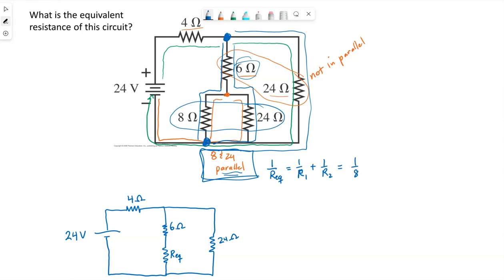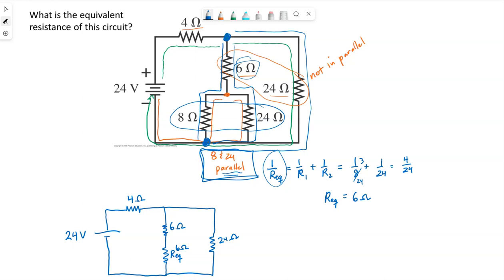So 1 over 8 plus 1 over 24. In this case, 24, that's 3, so 4 over 24. But again, with the inverse relationship, make sure you invert that. So this is going to be 6 ohms. Our equivalent over here is 6 ohms.